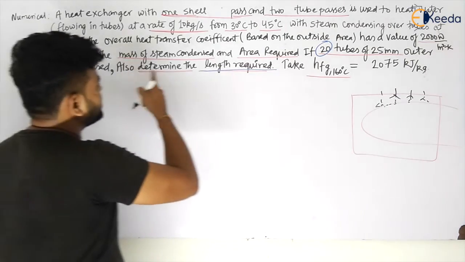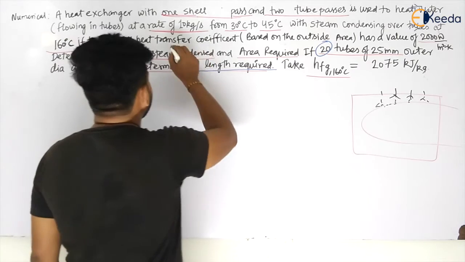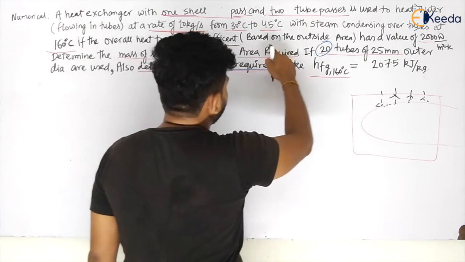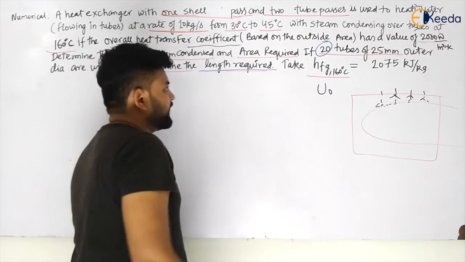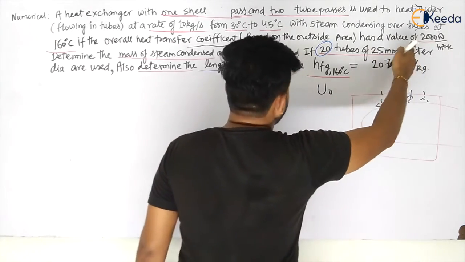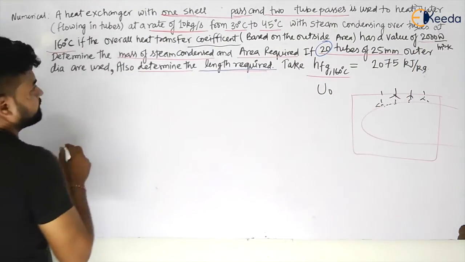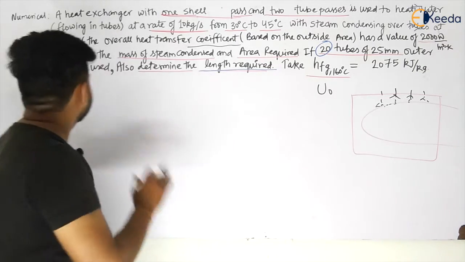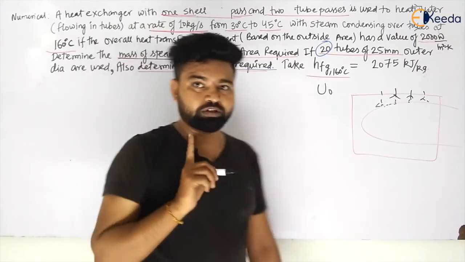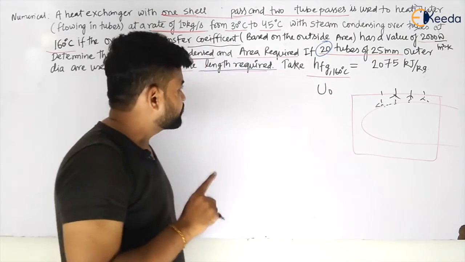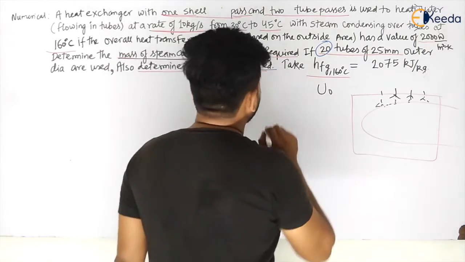If the overall heat transfer coefficient based on the outside area, so he has given the U naught, my dear students, outside area, has a value of 2000 watt per meter square Kelvin. Determine the mass of the steam condensed. First of all, he is asking about the mass of steam condensed. Second, he is asking the area required.